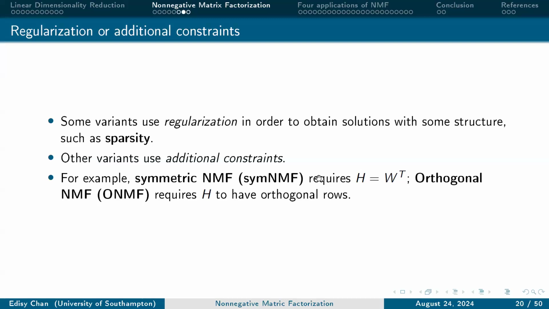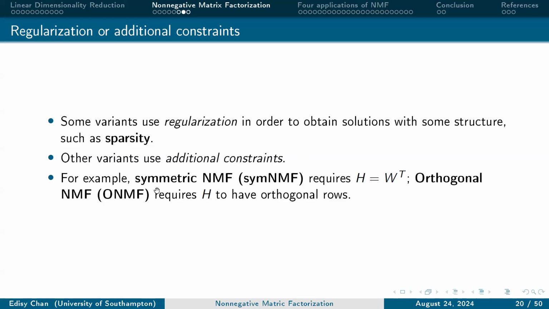We also have some NMF variants. Some variants use regularizations to obtain new solutions. In this case, we may pay attention to some underlying structure of the data sets. For example, the data set may be sparse, so we make use of regularizations to consider a different NMF problem. The other variants use additional constraints.